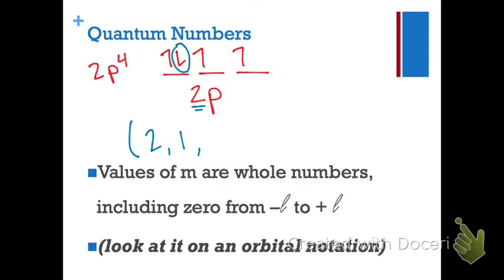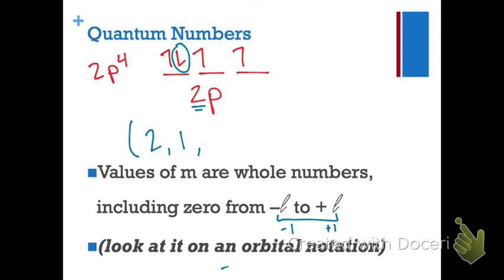And then we have to tell the version of the orbital it's in. Essentially we're looking at which of these lines it falls on. Which version of the orbital? To figure that out, we're going to label those orbitals. It says values of M could range from negative L to positive L. So in our case, they could range from negative 1 to positive 1, because my second value is 1.